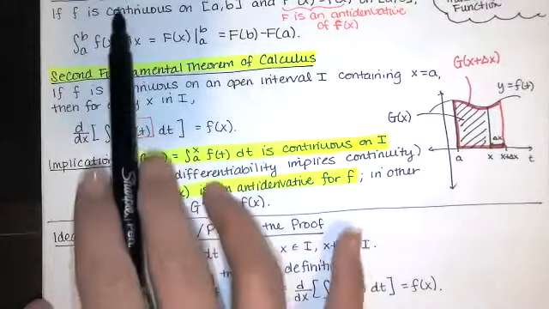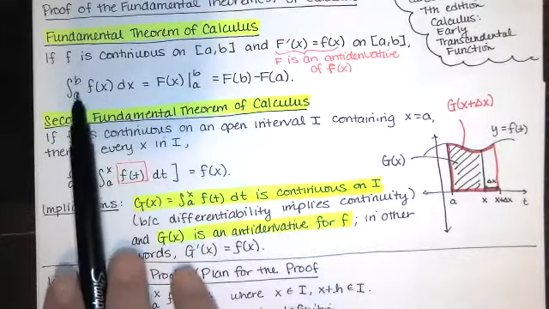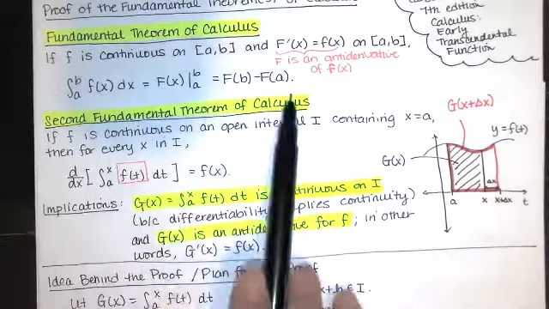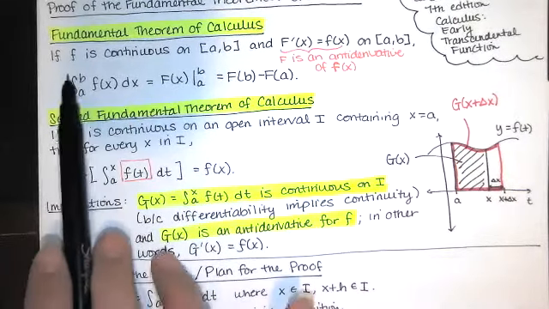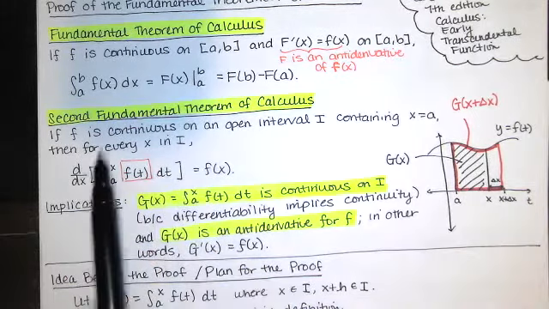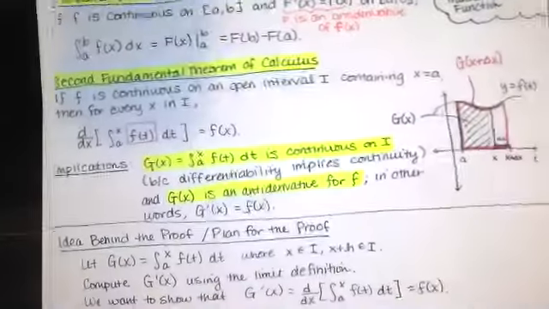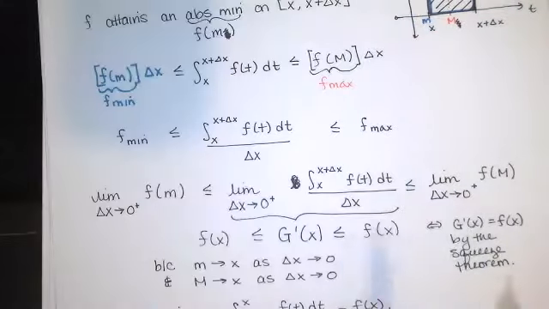Now let's use that result to prove the first fundamental theorem. This one is so useful that we use it all the time. It tells us the integral from a to b of f of x dx is just the antiderivative evaluated at the two endpoints and then the difference between those two values. Okay, so let's use what we just came up with to prove that.